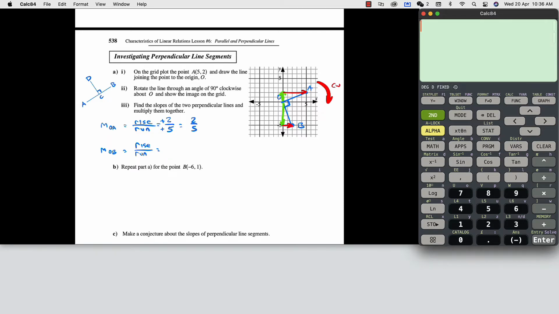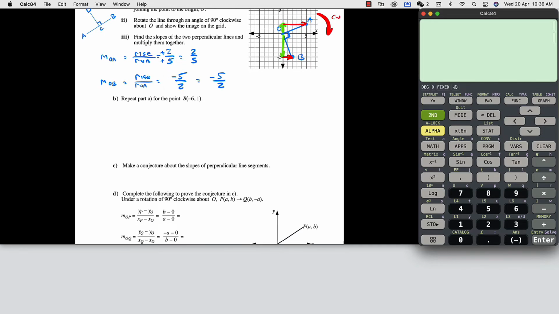So if I was to write this out, the rise was down 5, so it would be -5, and to the right is positive, so +2, and so our slope would be -5 over 2 because it can't be reduced down anymore. So what do we notice about these two right here?